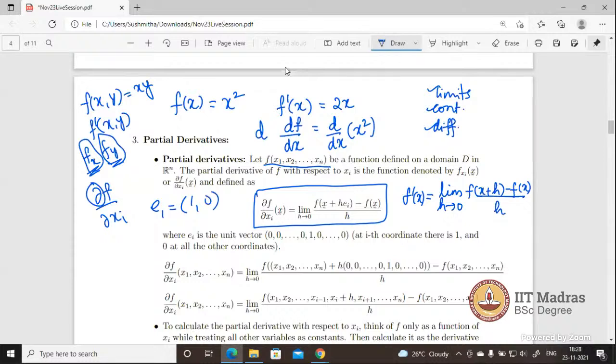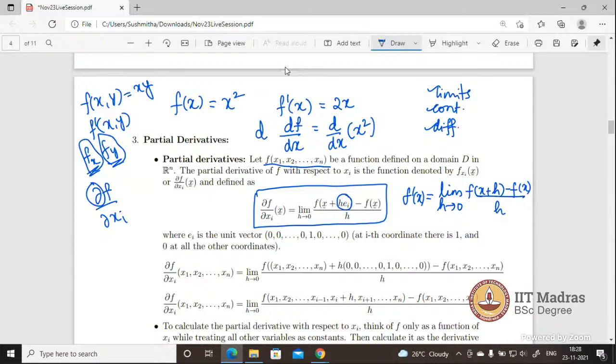1, 0, right? So in R3, what is e1? 1, 0, 0. However many components there are in whatever space we are considering, so many components will be there, and ei will denote that the ith component is 1, all other components are 0, right? So is h ei a vector?